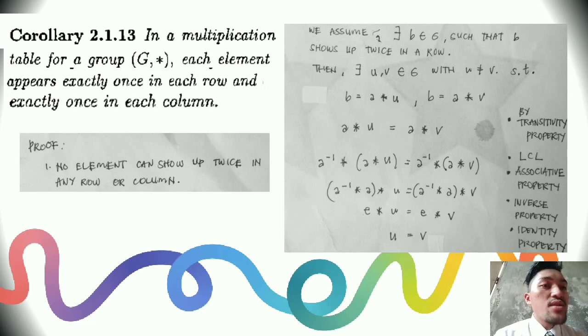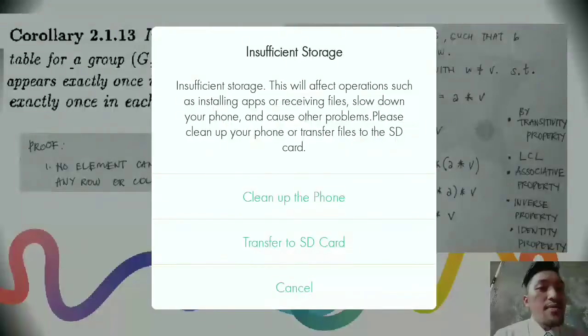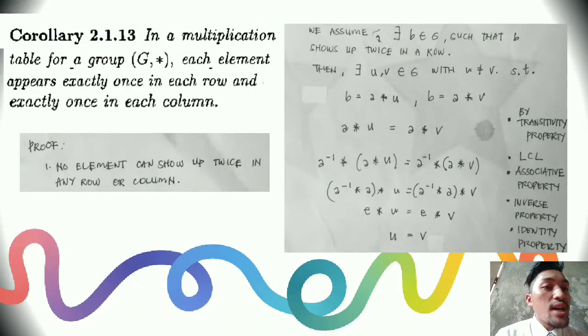Using the left cancellation law, A inverse star A star U equals A inverse star A star V. By the associative property, we combine A inverse star A from the left and also A inverse star A from the right.